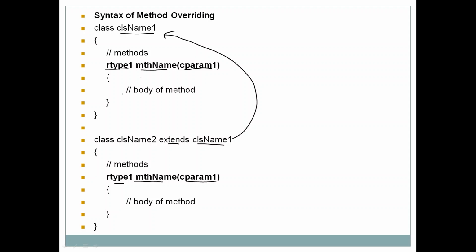But the implementation, that is the body, of both the methods may be different. The method in the superclass may have a different implementation, and the method in the child class may have a different implementation, and this is called method overriding.